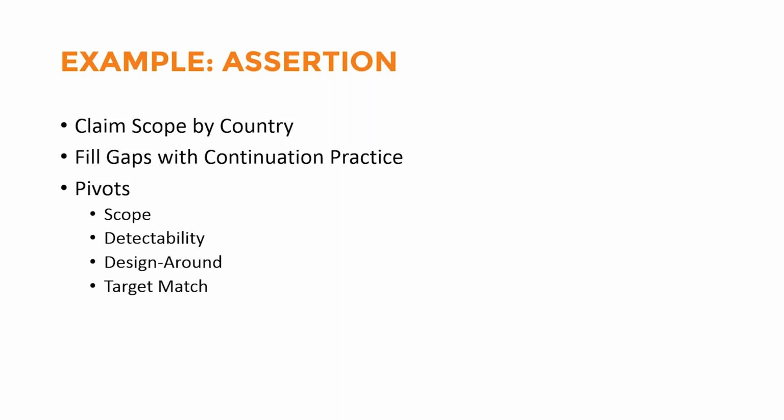And then, like you mentioned, the target match is not just claim-specific, but claim and competitor or target-specific. And it really takes a combination of all four of those things to get an idea of, like you said, how valuable or how useful from an assertion perspective a patent or a single claim within that patent might be.